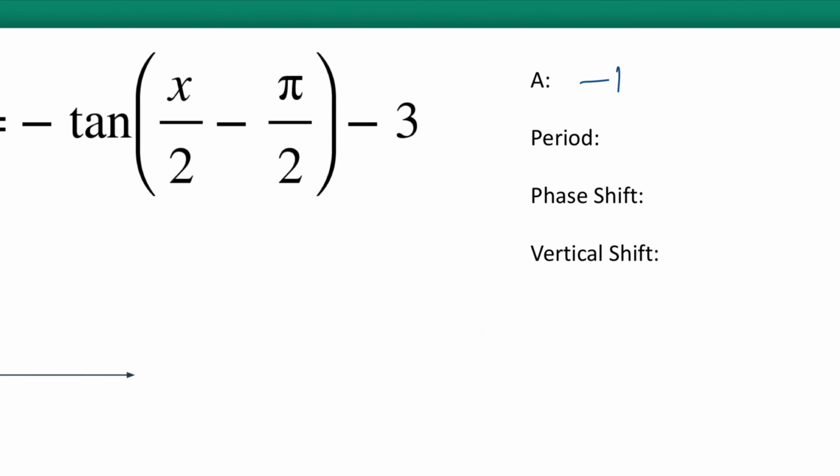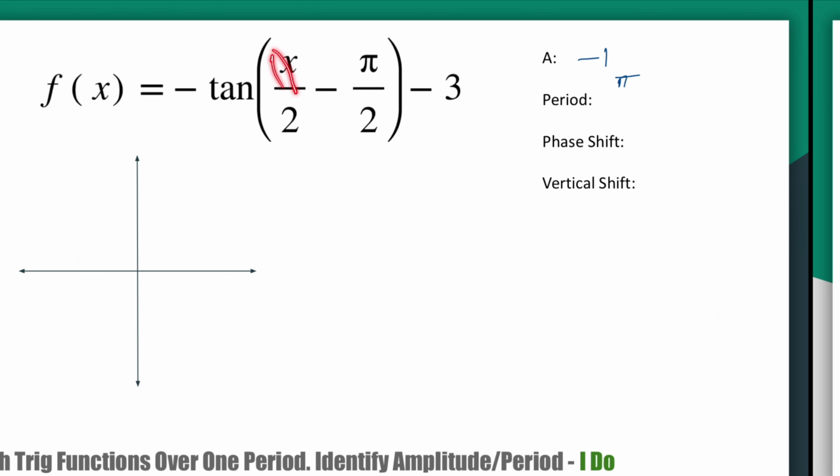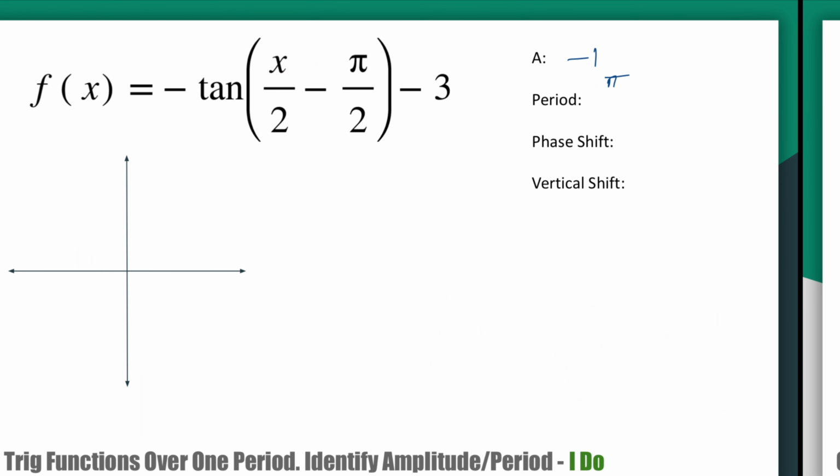Now, your period should be pi divided by b. In this case, we look at our input, which is x here. So it's 1/2. So it's pi divided by 1/2, which again, we just did that. That gives us a period of 2 pi. Okay? We have a phase shift. It is still c divided by b. C is pi/2.